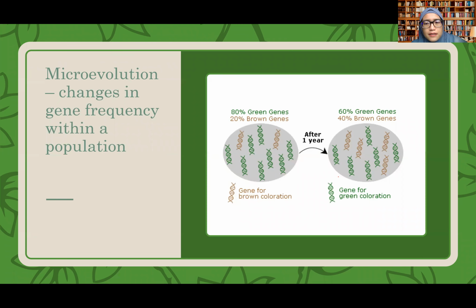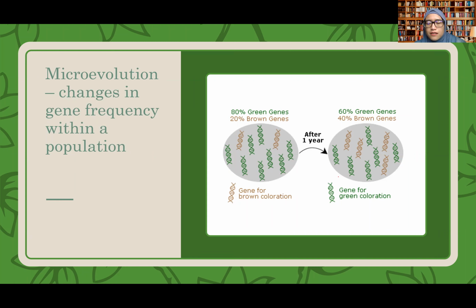So this might tell us that probably the brown gene has an advantage living in the population. However, you have to also think about genetic drift.